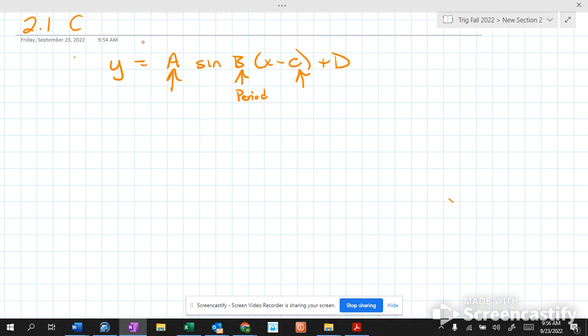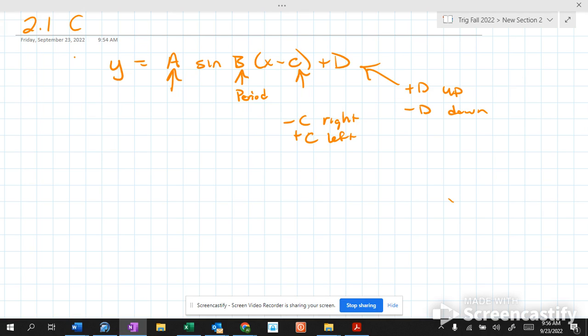Minus C goes right, plus C goes left. And then D is the up and down, so plus D goes up, negative D goes down.